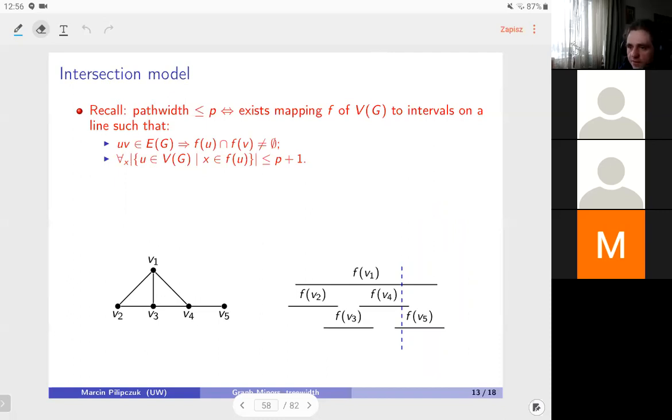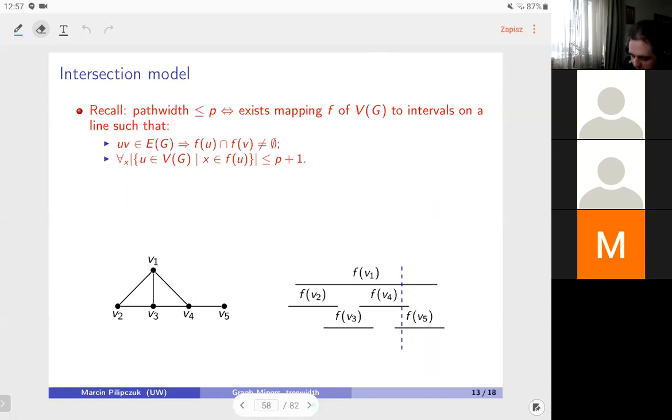Recall that for path width, we had these intervals. Instead of a path decomposition, we start with intervals. Every vertex is an interval, and the guys that have an edge need to overlap, and the measure of quality was how many guys at the same time are intersected by one vertical line.